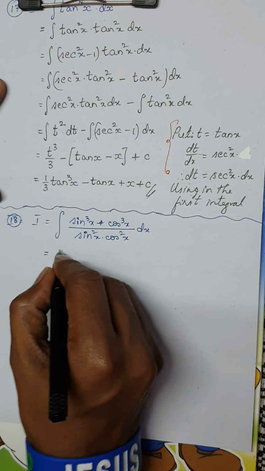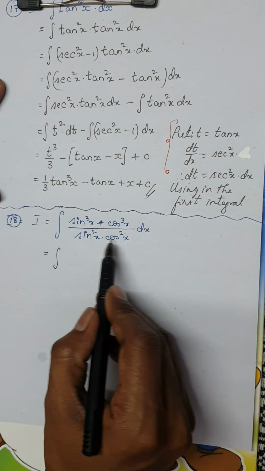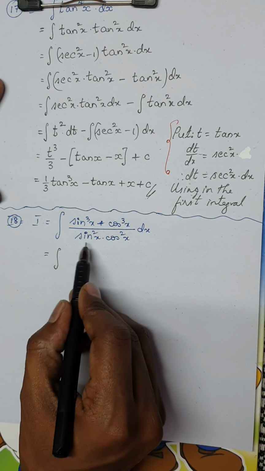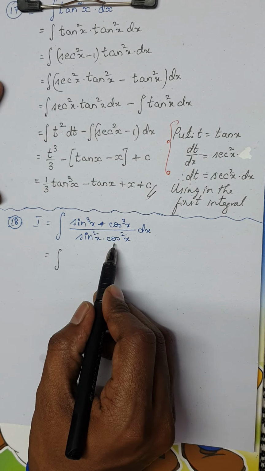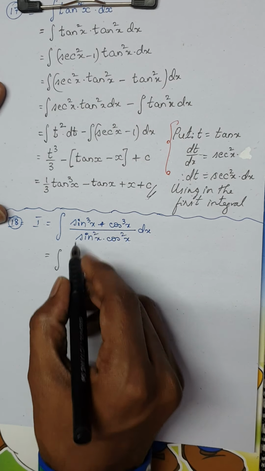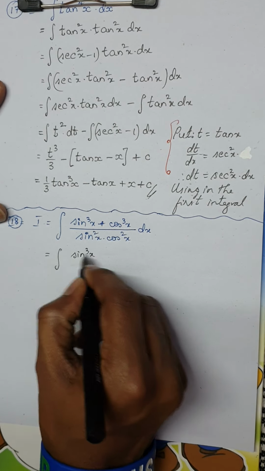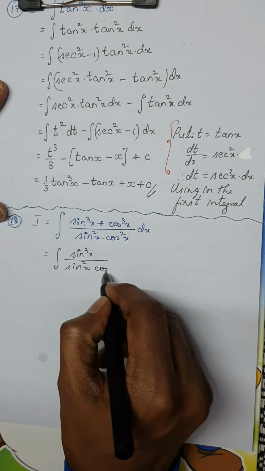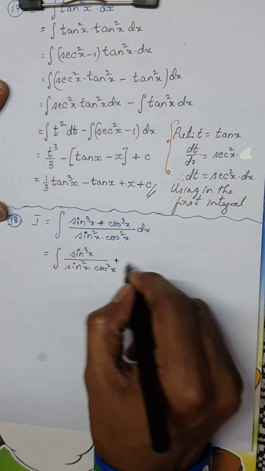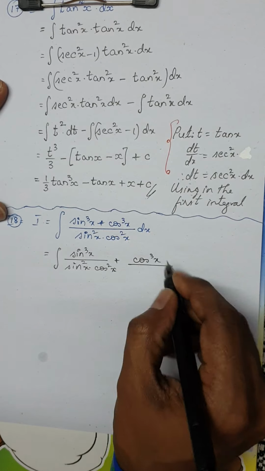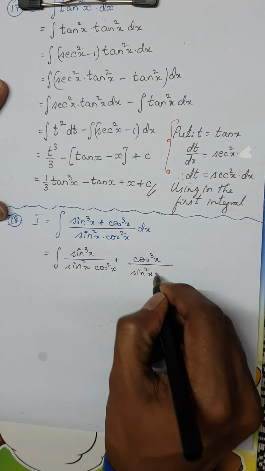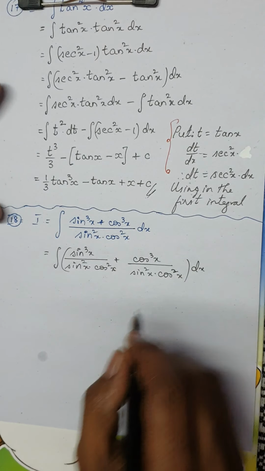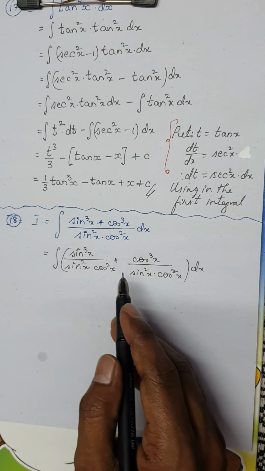Remember this is nothing but the integral of... Now in this term, if you split the denominator for the two terms separately, I will be having sin cube x divided by sin square x into cos square x, plus cos cube x divided by sin square x into cos square x, dx. Splitting up the denominator for both the terms, see what happens.